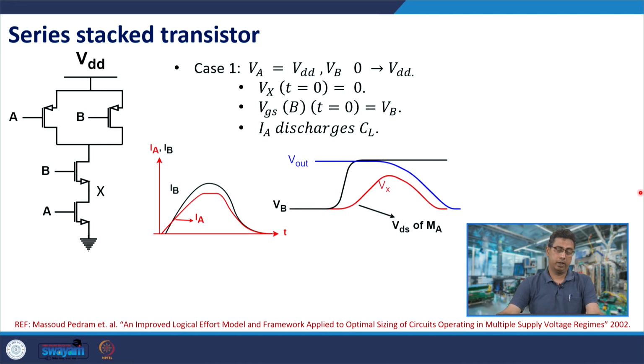Now, we were discussing inverter sizing. Now, let us look at NAND gate sizing. For the NAND gate we have two cases for output discharge. For charging of the output, it is almost like an inverter. Rarely you will find that both the transistors would be charging simultaneously, so we are not considering the simultaneous switching seriously.